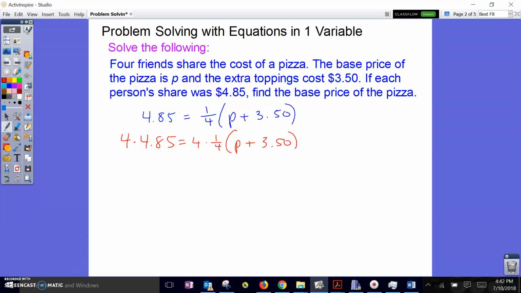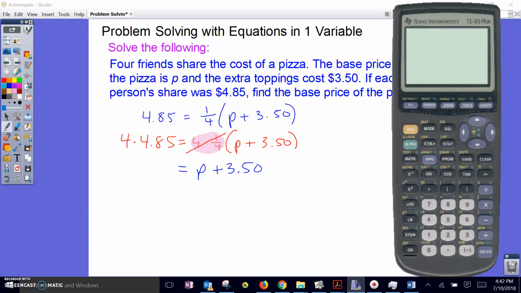Now when we multiply this 4 and this 1/4, they are going to cancel each other out. And that's going to leave us with, on the right-hand side, P plus 3.50. And on the left, we're going to have 4 times 4.85.